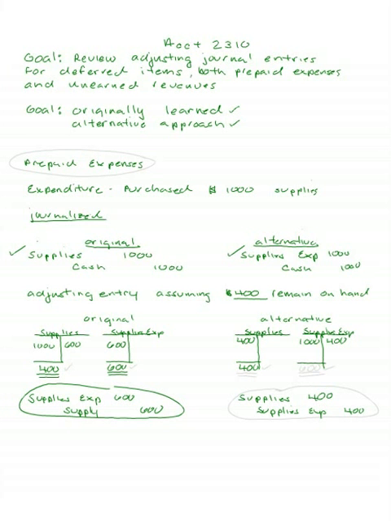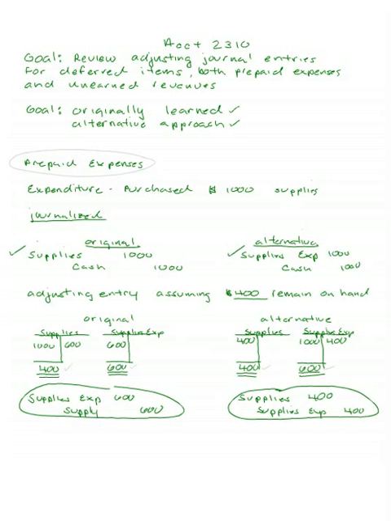Let's total supplies expense. You started with 1,000, you moved 400 to the asset. Where did we end up? We have $400 supplies on hand and $600 supplies expense. Notice, my journal entry did that for me.